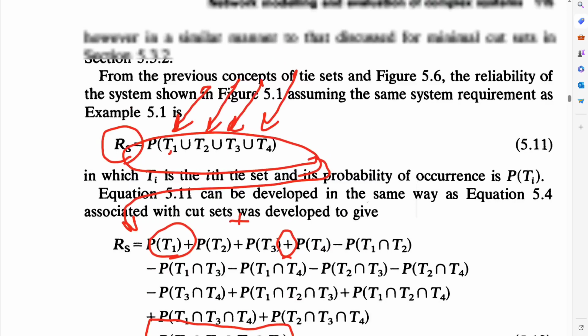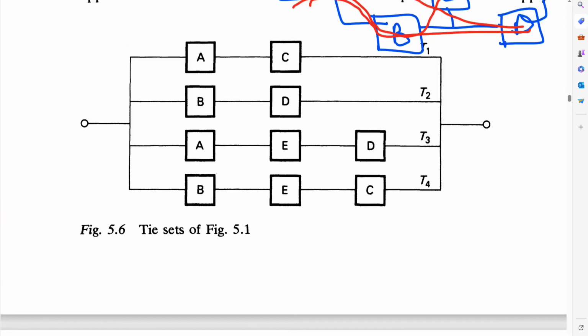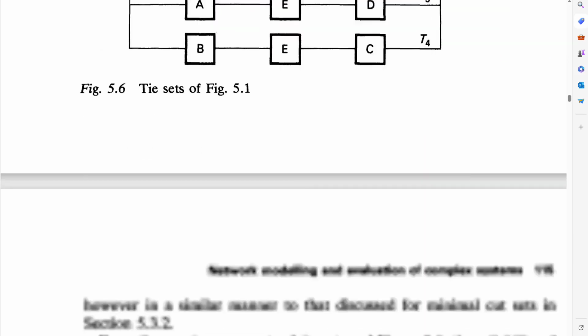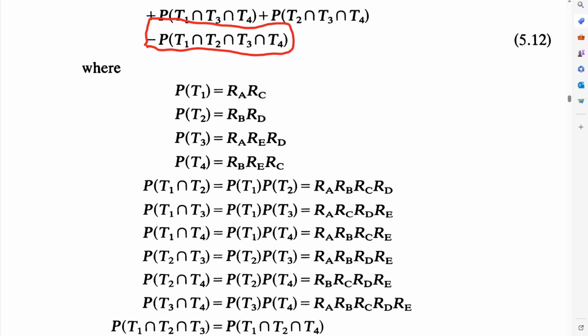P(T1) is the probability of T1 being correct, so it is RA multiplied by RC. P(T2) can be written as RB multiplied by RD, etc. As you see here, P(T2) is RB RD, P(T3) is RA RE RD, P(T4) is RB RE RC.